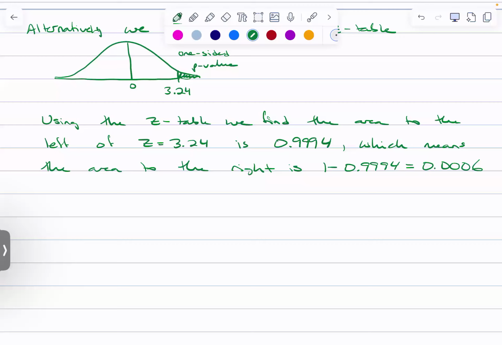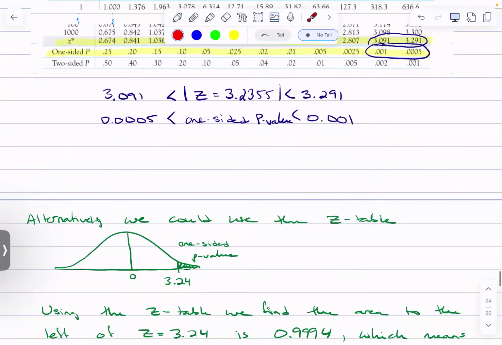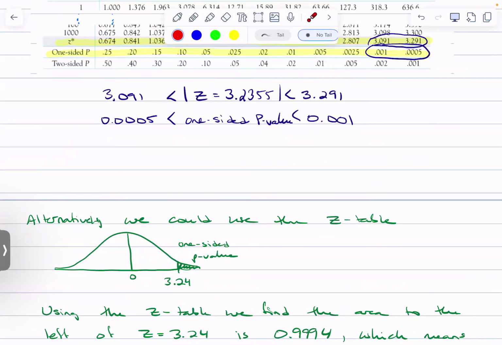Very, very small. Let's check in. Is 0.0006 between 0.0005 and 0.001? It is.